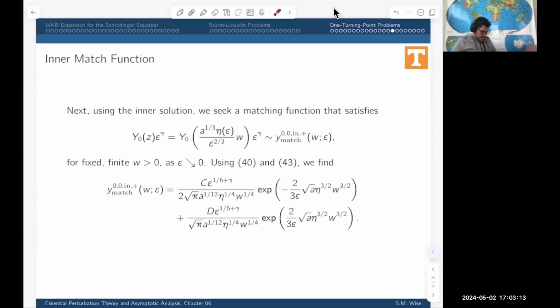Let's see, do I have that correct? Yeah. So for our Airy functions, we had Ai and Bi. So there's my Bi term, there's the Ai term.